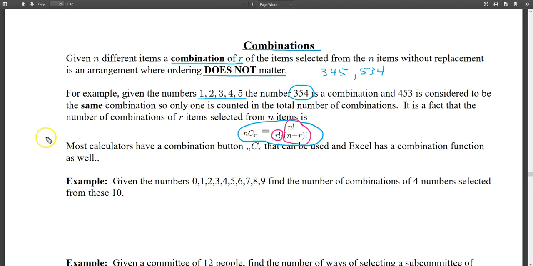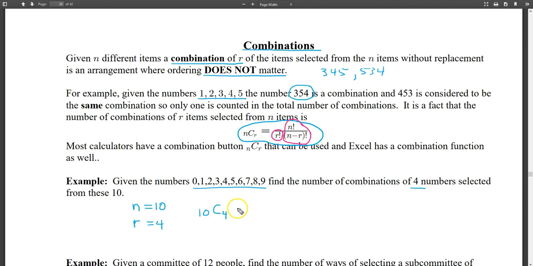So for example, suppose we're given the numbers 0 through 9 again. We want to find how many combinations of 4 numbers selected from these 10 there are. So in this case, as with the permutation problem, our n is 10 and our r is 4 again, and so our answer is going to be 10C4.